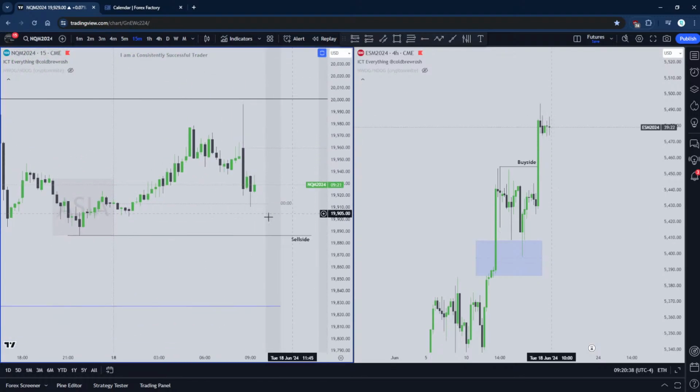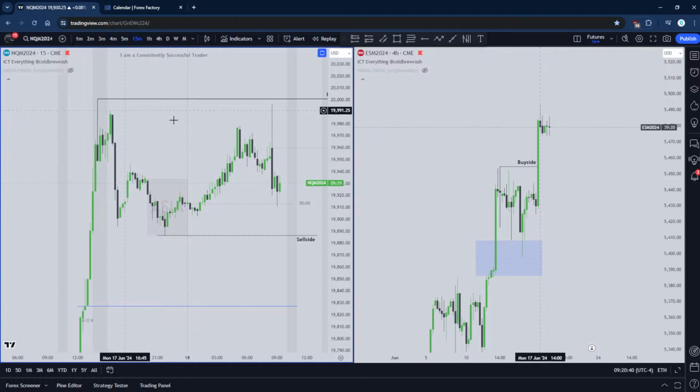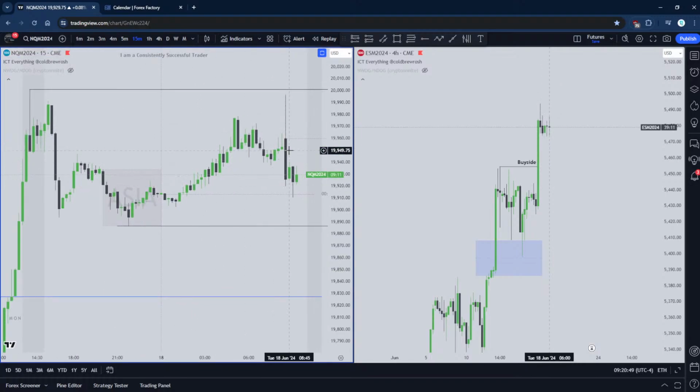Because let's just narrate the 15-minute. We've got three relative equal highs. News comes out at 8:30. News then sweeps all these three highs, closes bearish with a bearish fair value gap, creating our order blocks here. These are your main order blocks, but we're gonna refine them and say here, fair value gap.